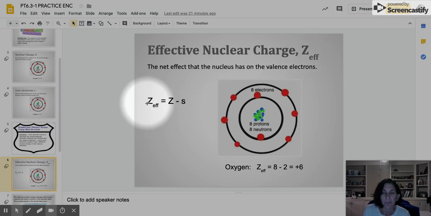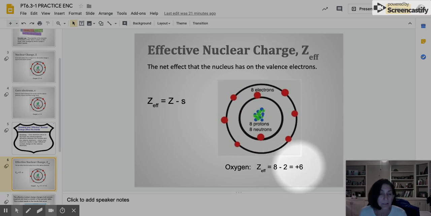So the effective nuclear charge is equal to the nuclear charge minus the number of core electrons. Again, with our oxygen example, oxygen's effective nuclear charge is 8 minus 2 core electrons, and its effective nuclear charge is plus 6.